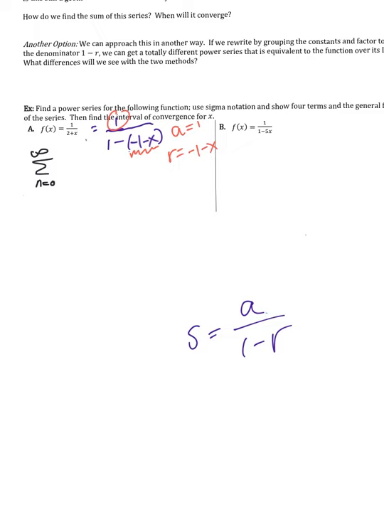We can rewrite this geometrically as the sum from n equals 0 to infinity of a, which is 1, which I don't really need to write, but I am going to anyways, times the quantity negative 1 minus x to the power of n.